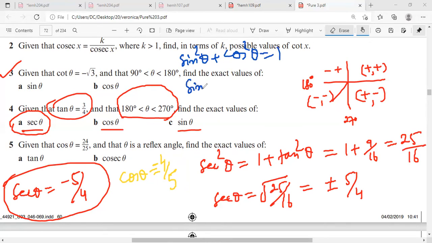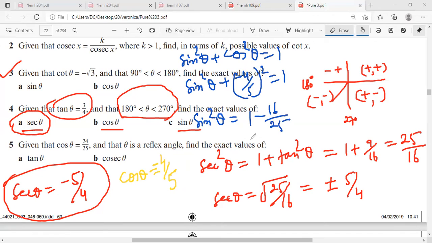So from here you can say sine square theta plus, and you square this minus 4 by 5, equal to 1. So you get sine square theta plus 16 by 25 equal to 1. Then sending that to the right, sine square theta is 1 minus 16 by 25, which is 9 by 25.